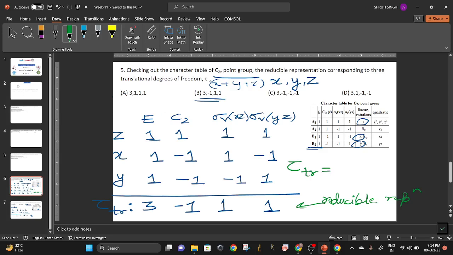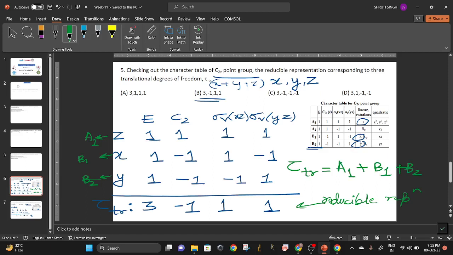You have summed this, right? So this is from A1, this is from B1, and this is from B2. When you break this using the great orthogonality theorem formula, you will get these same three components only.